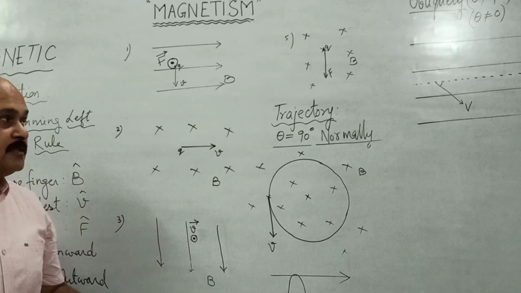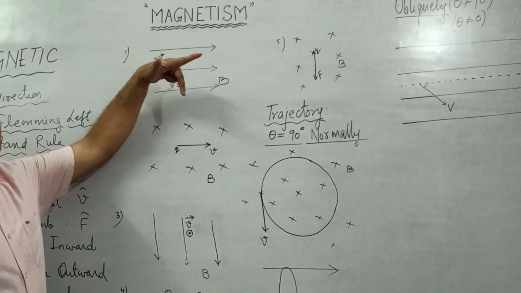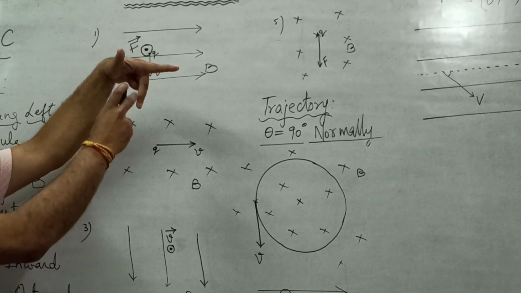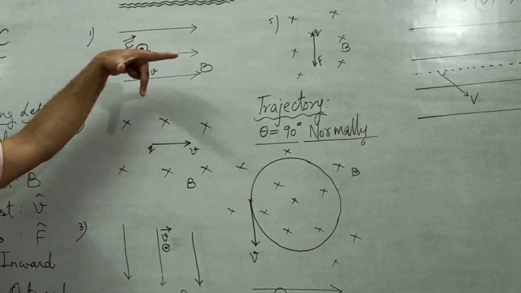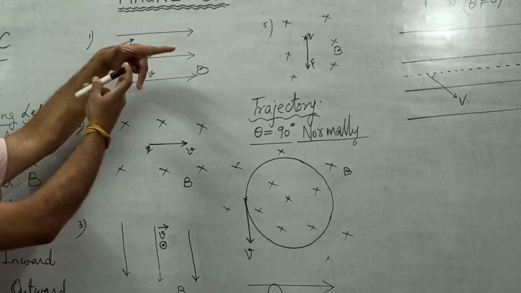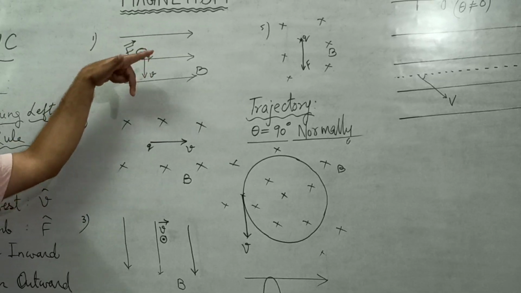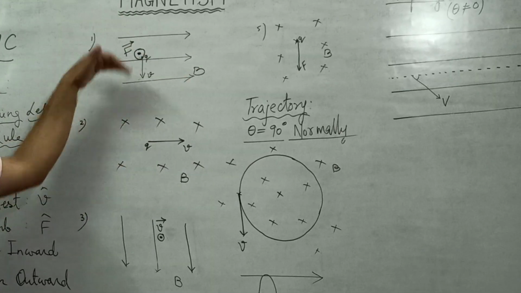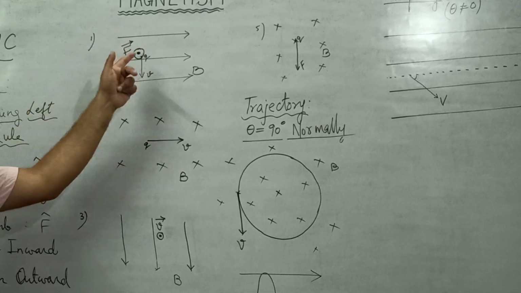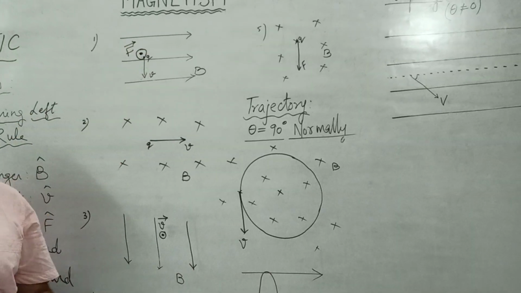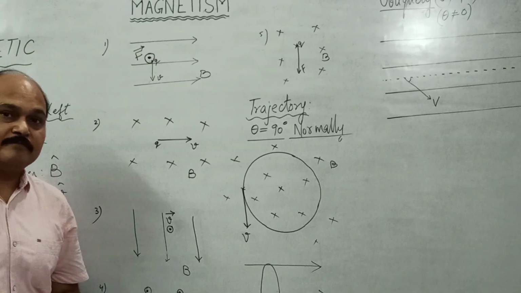The magnetic field is towards right, the velocity is along the tallest finger, and the thumb is outward. So the direction of force over this charged particle moving in this magnetic field would be perpendicular outward. I hope it is clear to everyone.